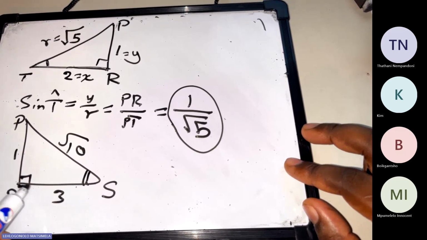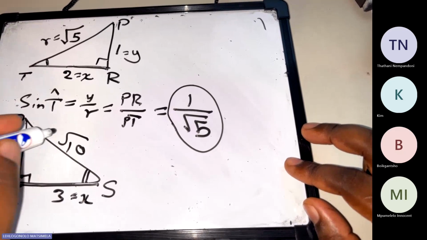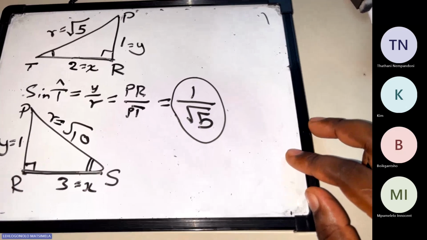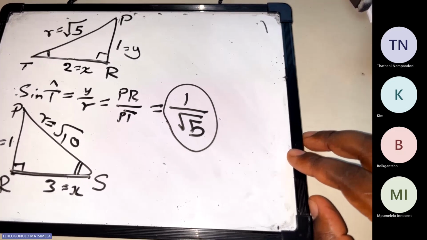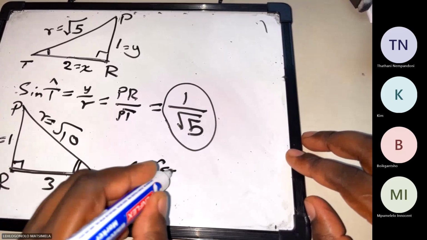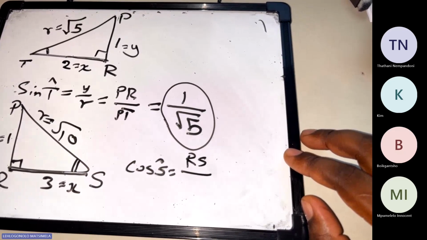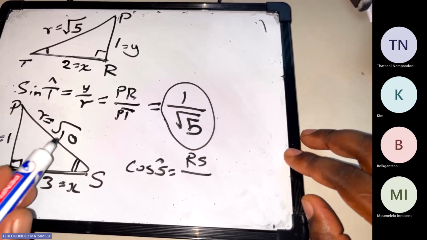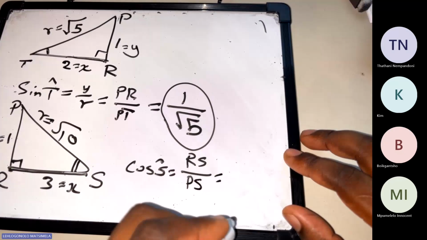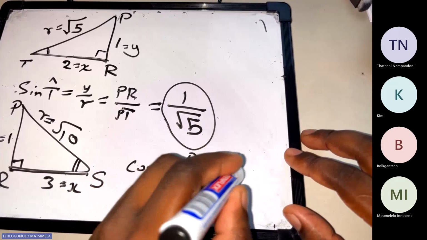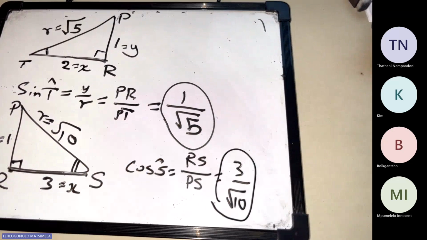The line drawn from 90 going to that angle becomes x, the other one becomes y, and r is obviously the hypotenuse, opposite to the 90. Then cos angle S is equal to x, which is RS, divided by r, which is PS, which is 3 divided by root 10. And this is the answer they are looking for.